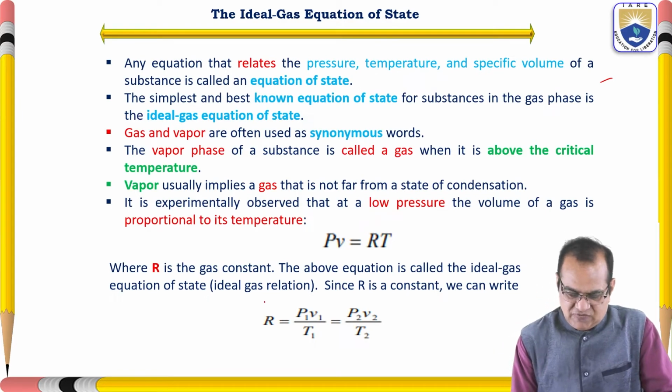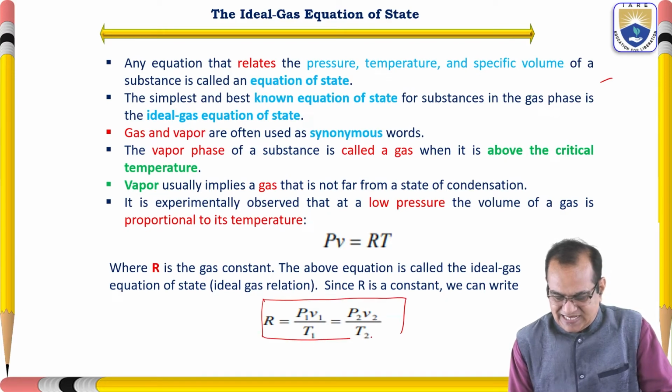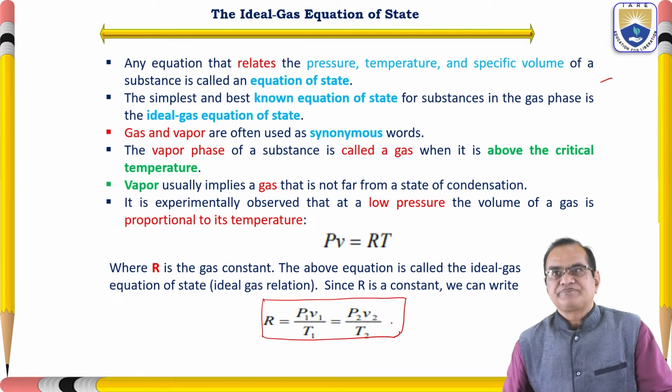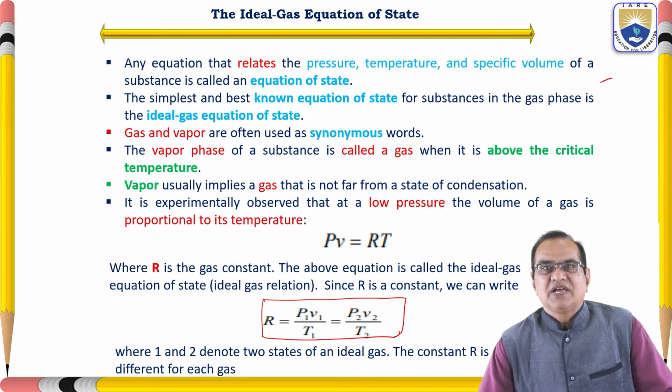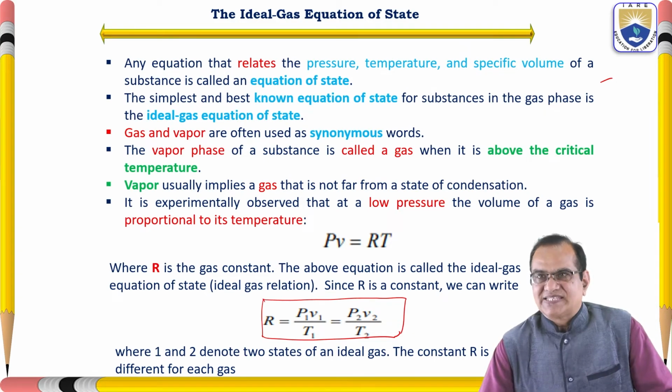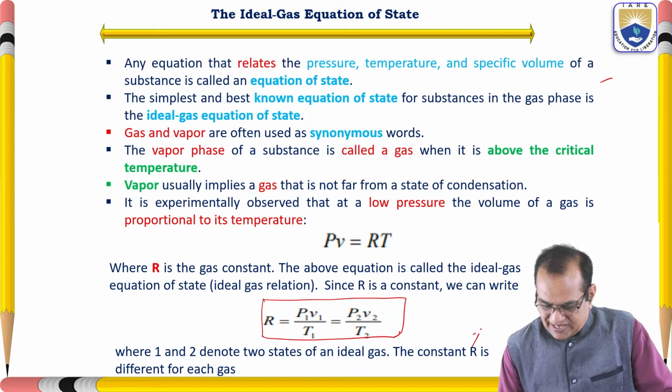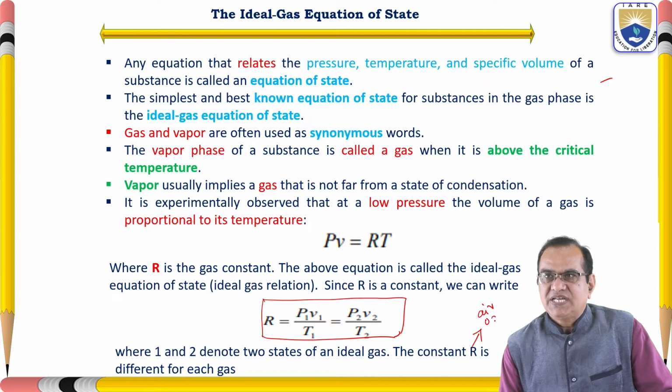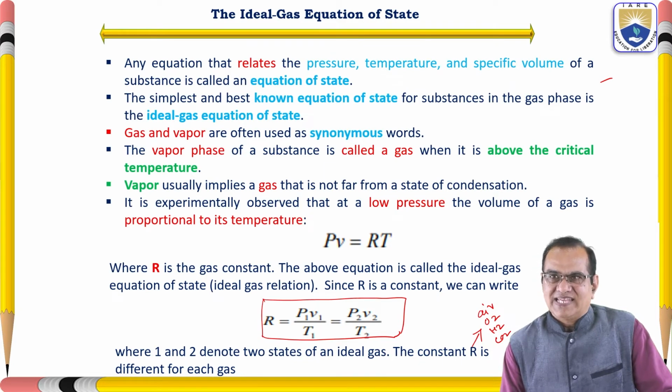We can write it this way as R is constant, where 1 and 2 denote two states of an ideal gas. The constant R is different for each gas. So R for air is different; for oxygen it is different; for hydrogen it is different; for CO2 it is different. For different gases, the value of R will be different.